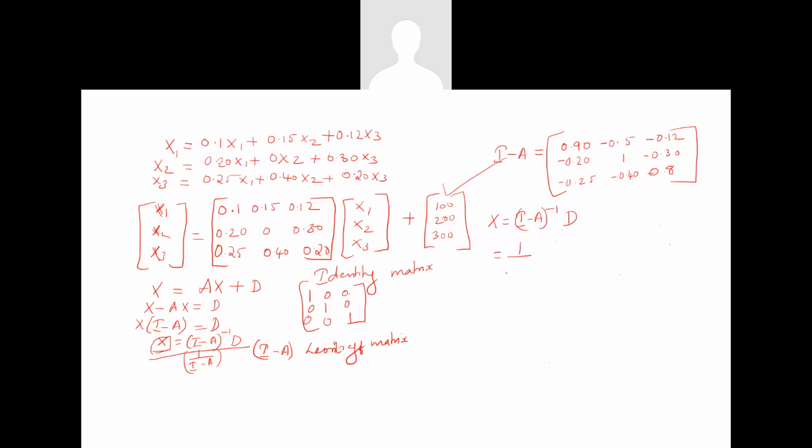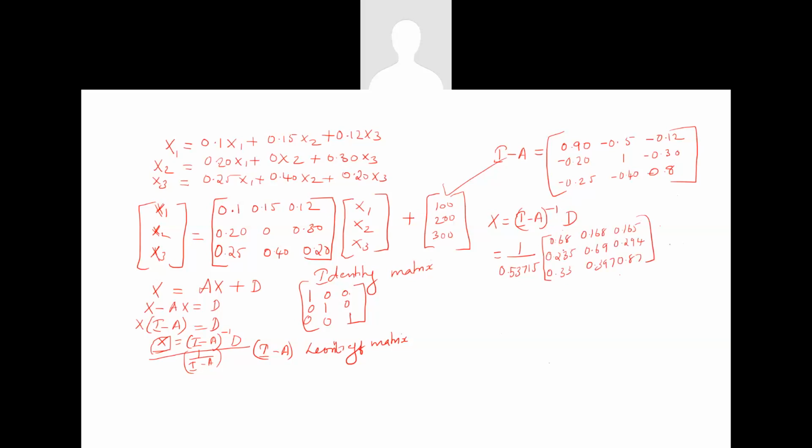Of course, I minus A inverse is 1 by 0.53715 into this transpose of the coefficient matrix. I shall write here that 0.68, 0.168, 0.165, then you have 0.235, 0.69, 0.294, 0.33, 0.397, 0.87.